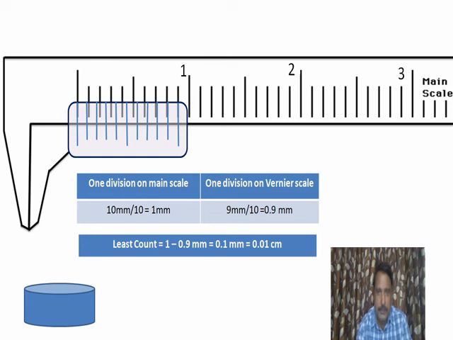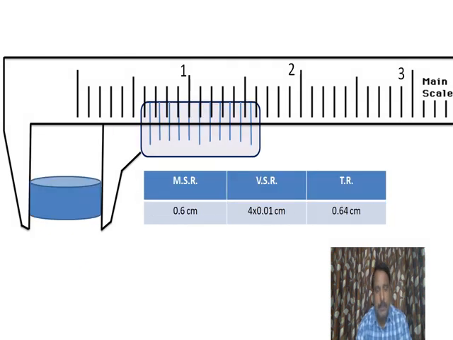Now let us have a look at some examples of the measurement. Now have a look, as we were saying, whatever we want to measure, we would hold in the jaw of this Vernier caliper. Now, what is the main scale reading? Let us have a look. Now understand friends, this is the zeroth mark of the main scale. This is the first, that is 1 centimeter.